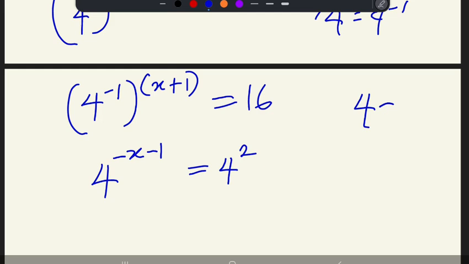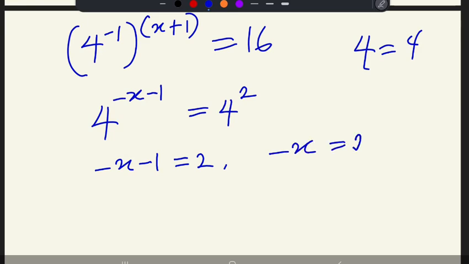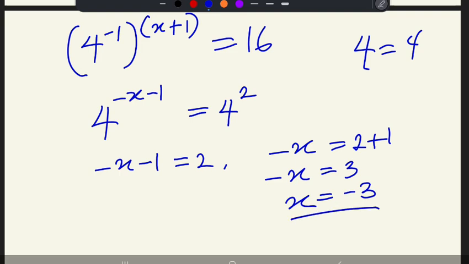Since the bases are equal, the indices are also equal: minus x minus 1 is equal to 2. We have minus x is equal to 2 plus 1, minus x is equal to 3. By the time you divide both sides by minus 1, we have minus 3. So the value of x is minus 3.